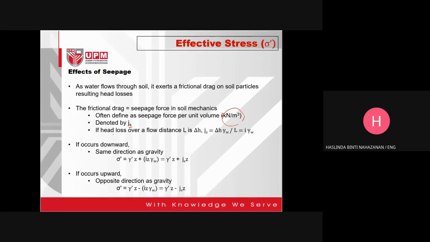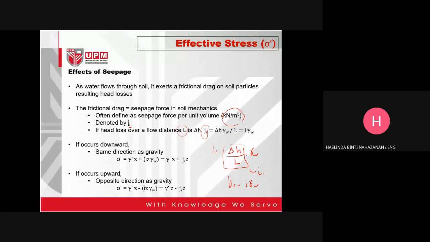If there is head loss delta H over a flow distance L, then the frictional drag JS equals delta H over L multiplied with the unit weight of water. As you've learned before, delta H over L is also the hydraulic gradient, so you end up with JS equals I multiplied with the unit weight of water.